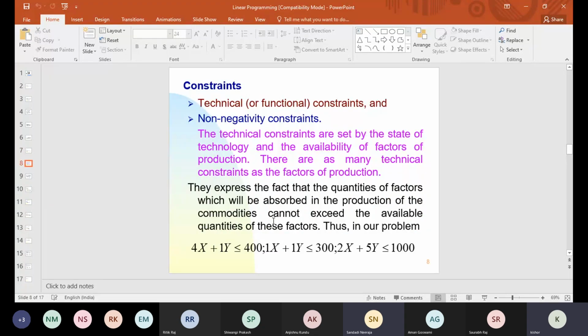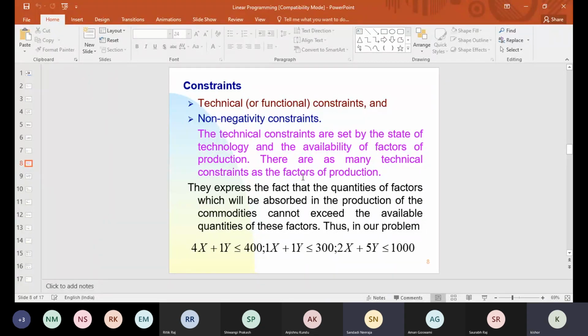So two different kinds of constraints you may find. One is technical constraints, another is non-negativity constraints. Technical constraints are set by the state of technology and the availability of factors of production. In this case, three factors of production are there: land, labor, capital. So you are getting three technical constraints.